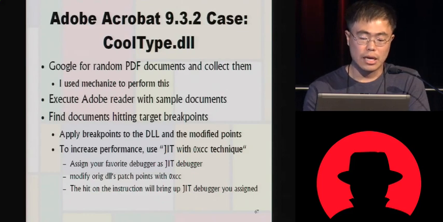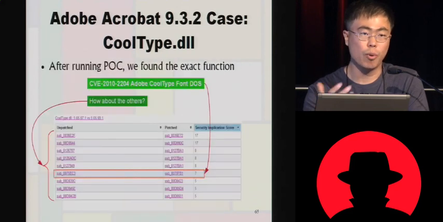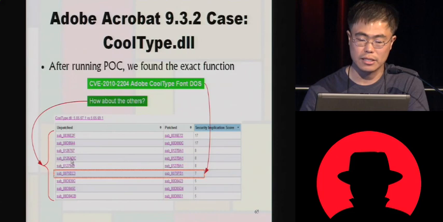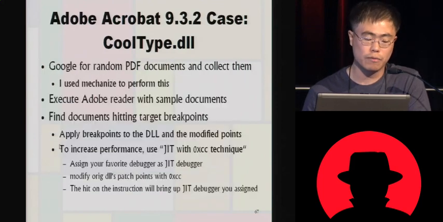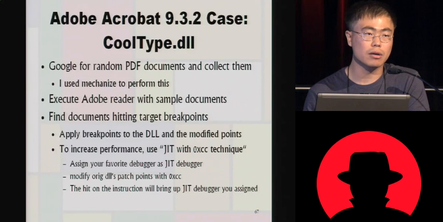And you put a breakpoint on the points that you are very interested in, the diff points, as I said. You have all the functions here, right? 1, 2, 3, 4, 5, 6, 7, 8. So you just put breakpoints on these 8 functions. Maybe you can use your debugger or Immunity Debugger or PyDbg, anything you want.